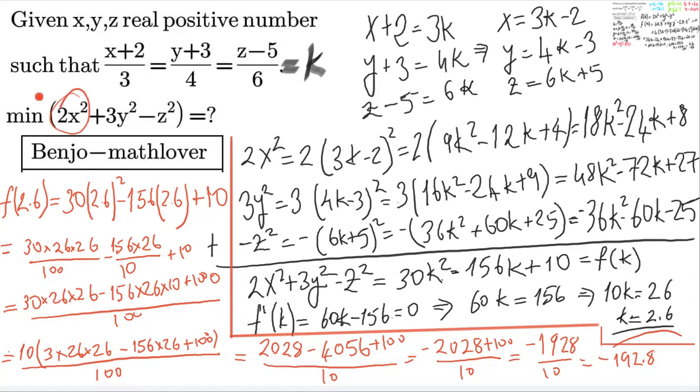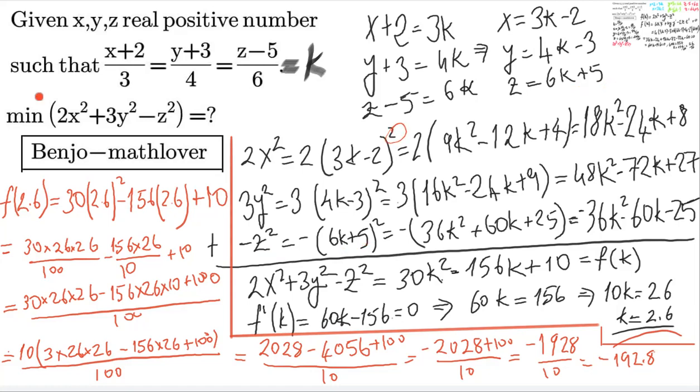Now I will write these expressions in terms of k: 2x squared, 3y squared, and negative z squared. Instead of x, we write 3k minus 2. Instead of y, we write 4k minus 3. Instead of z, we write 6k plus 5.